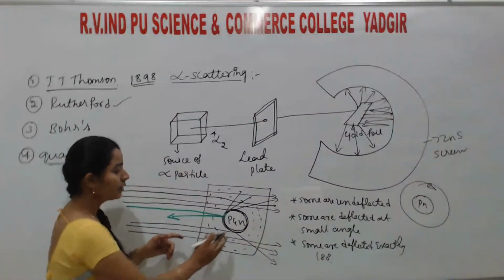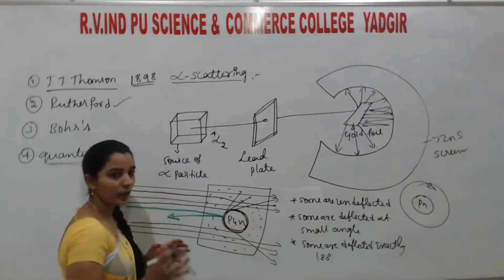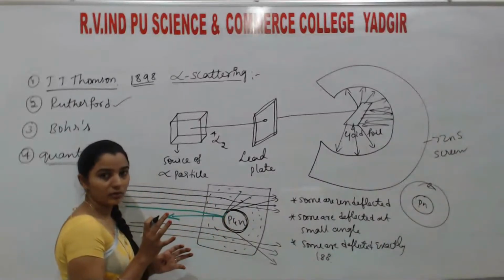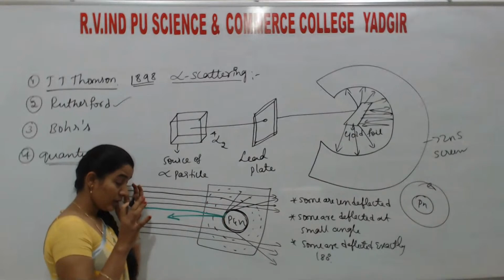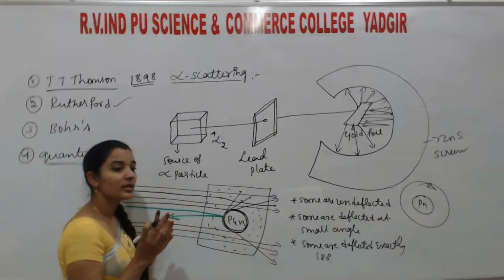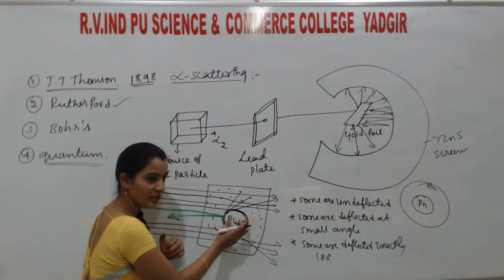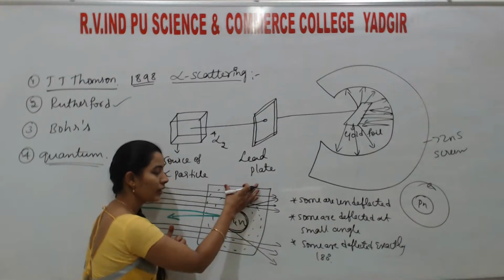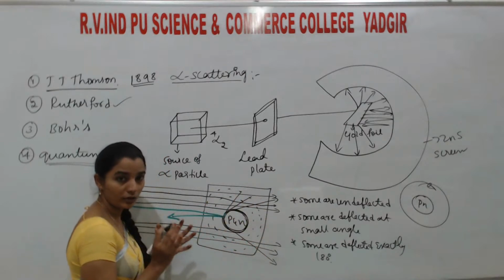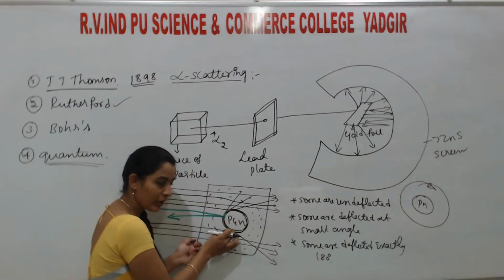What is the reason for that? This is the reason. So the atom is there. The volume of the entire atom and the volume of the nucleus are comparatively negligible. The volume of the atom is this much, the volume of the nucleus only this much. Means the nucleus is here, and the size of the atom is this much. If the alpha rays fall exactly on the nucleus, they bounce back.